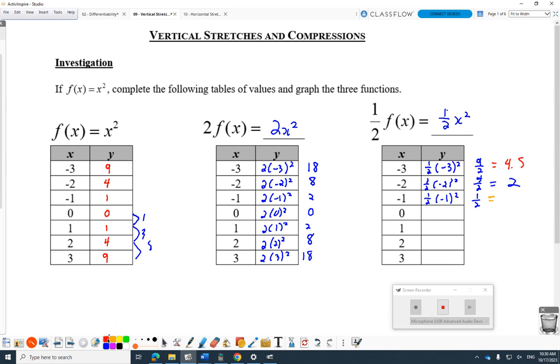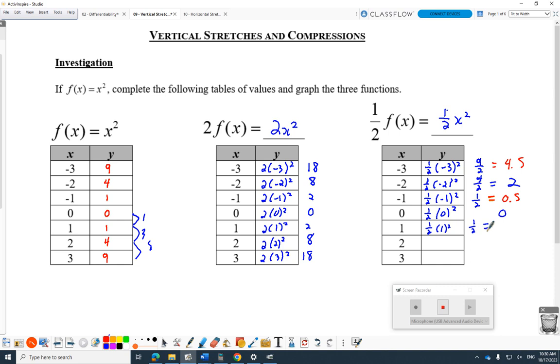I love my active board, even though it's old. Half of 0 squared. Okay, well, come on, folks. Yes, I like punching things into a calculator, but let's not get carried away. Half of 0 squared is 0. Half of 1 squared equals 1/2.